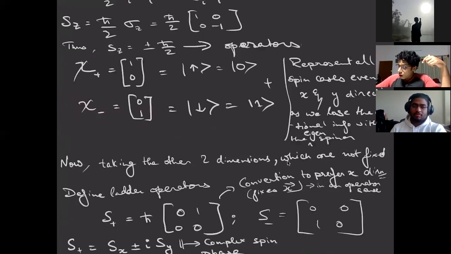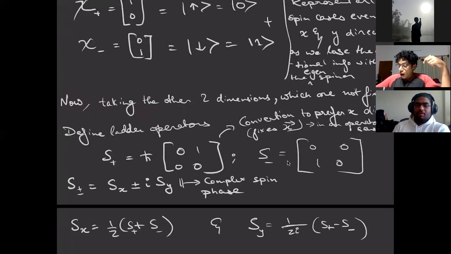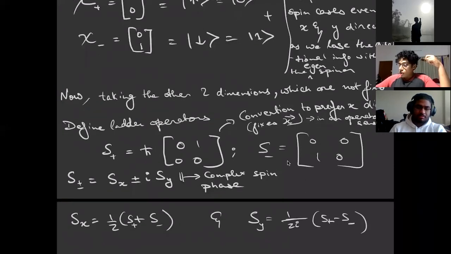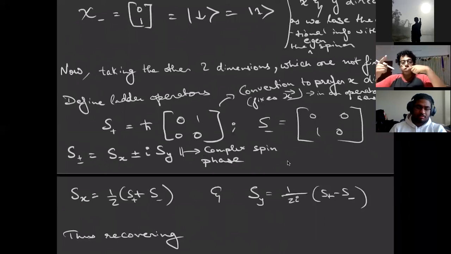So once I do that, I have this coming, right? Sx plus minus iSy is your ladder operators, right?